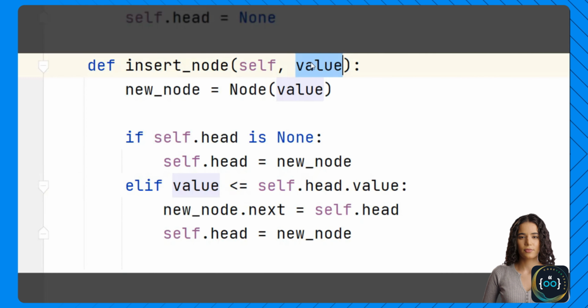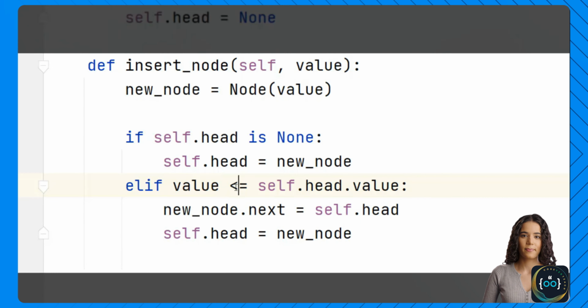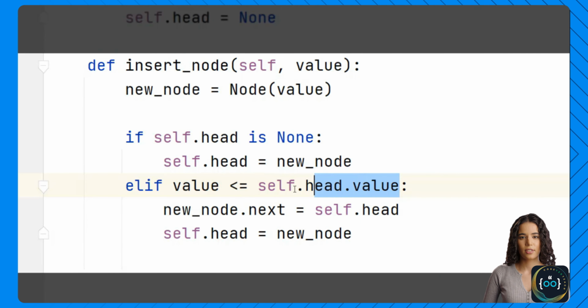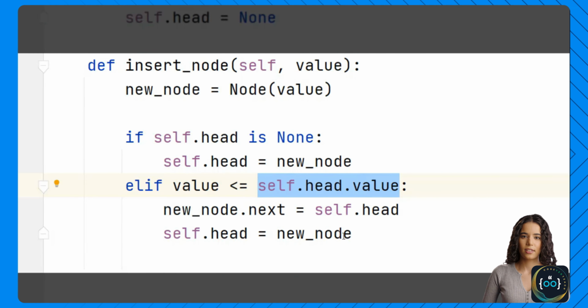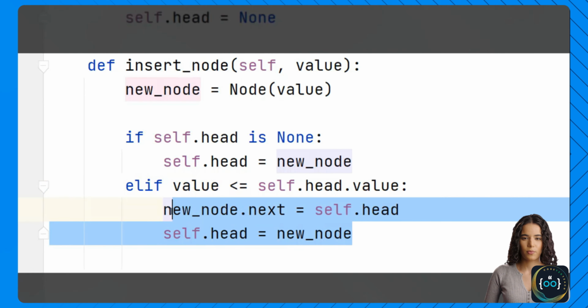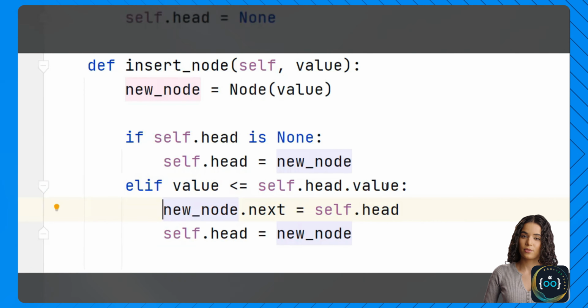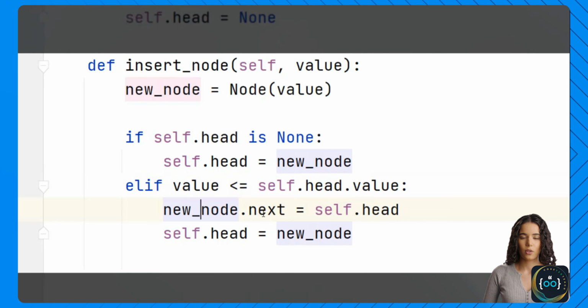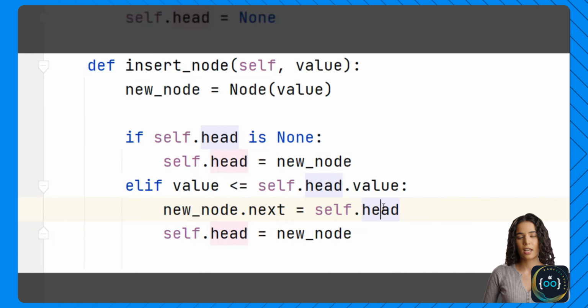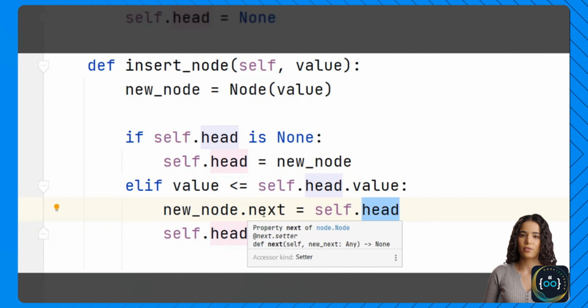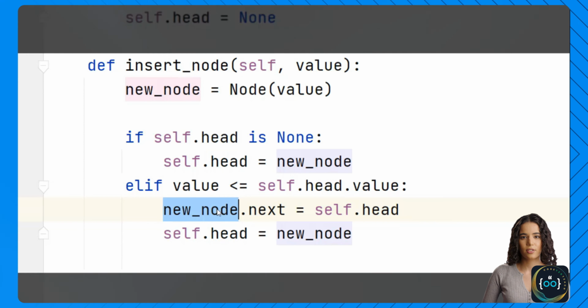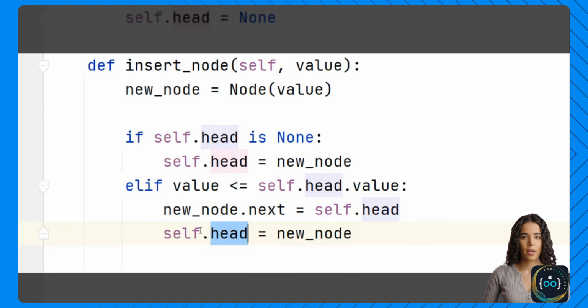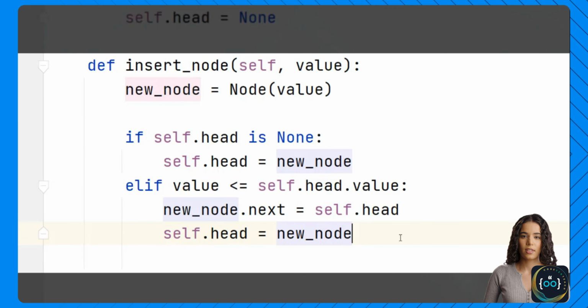If the value that we're trying to insert is less than the value of the head node, then we have to assign the node as the first node in the list because we're trying to preserve the order of the values in increasing order. So we take the new node and we make that new node point to the head node. And now, after we have that, the new node is the first node in the list, and we replace the head of the linked list.